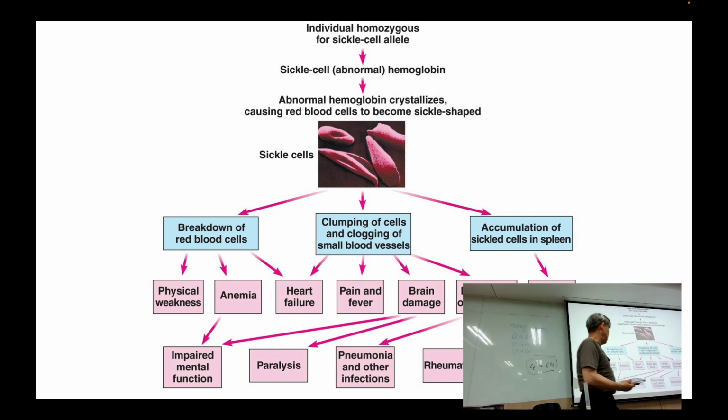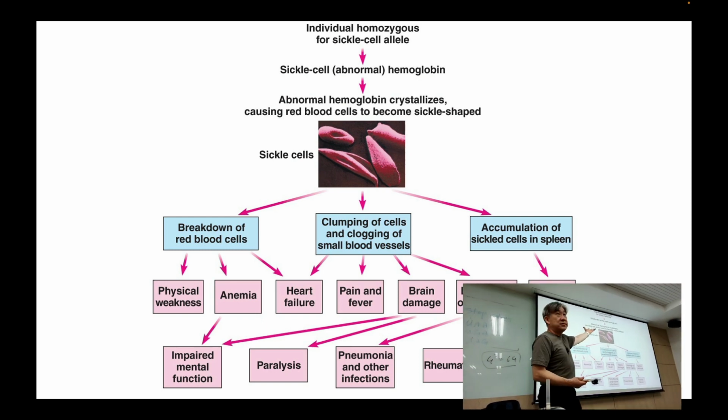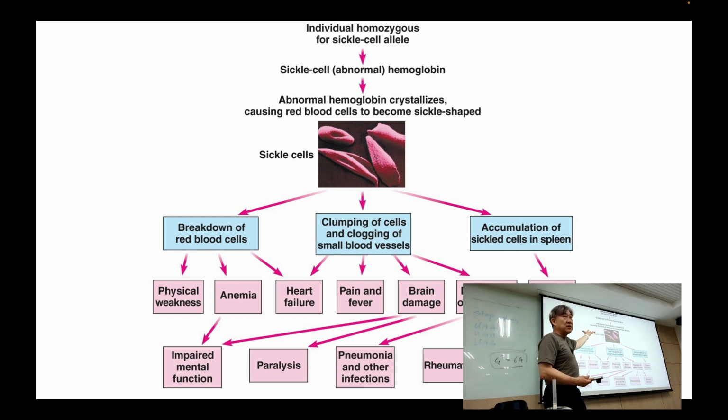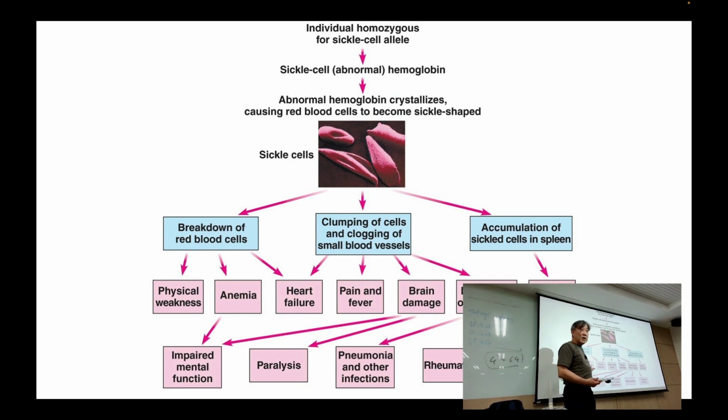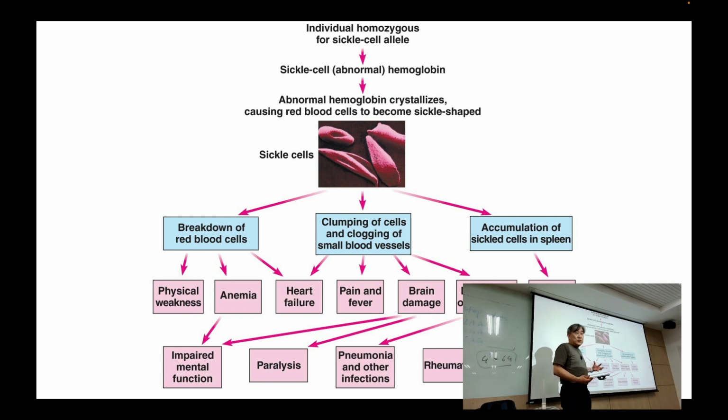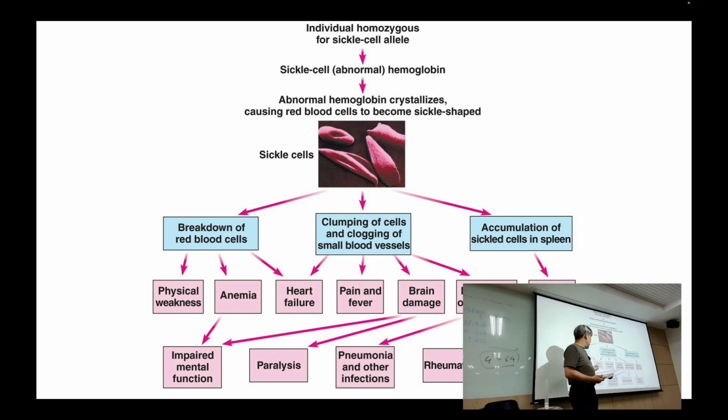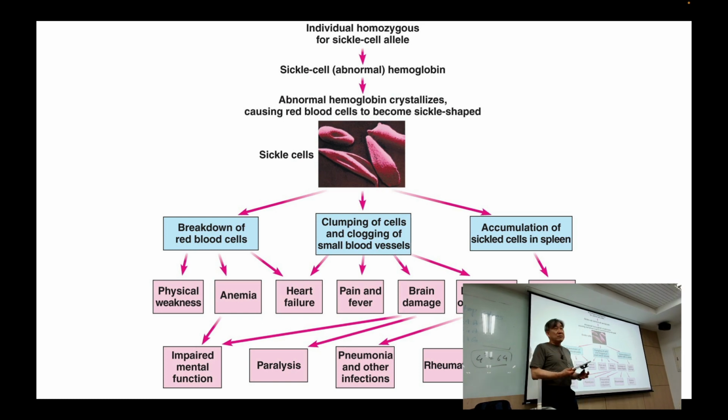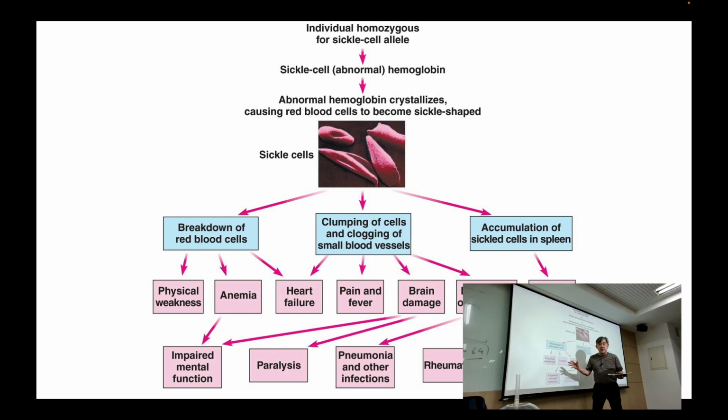So, look at this. This single sickle cell anemia disease causes physical weakness, obviously. If you don't have enough oxygen, then you will feel weak because you don't get enough energy. And anemia, of course, a lack of oxygen is equal to a shortage of blood supply. And heart failure, obviously: to have healthy heart function, having enough energy supply is vital.